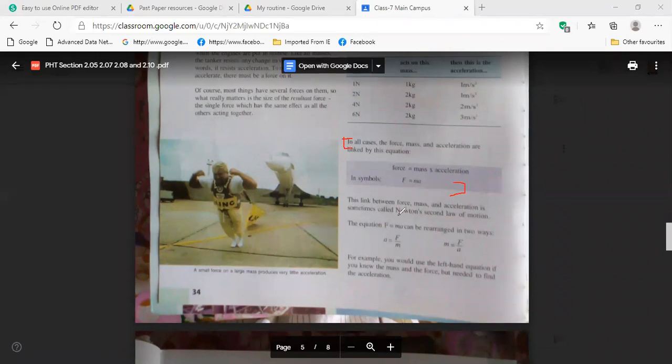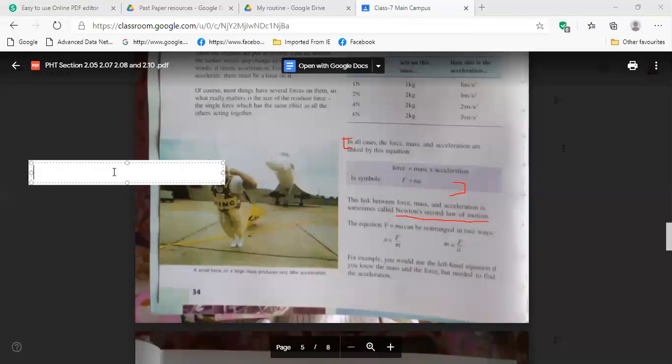This formula is known as Newton's second law of motion. You also write it. Now write the statement of the second law of motion.